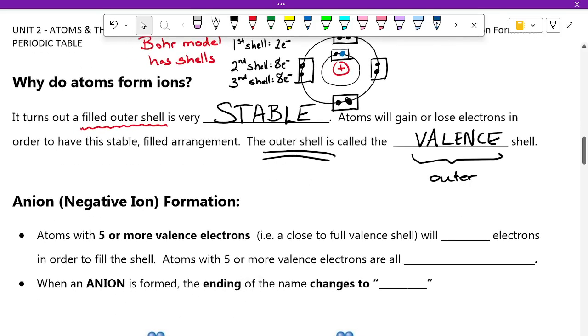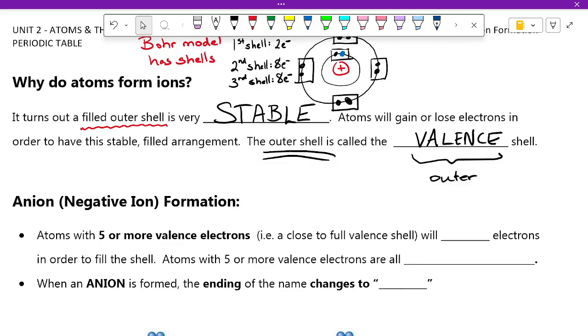Now, one of the things we are going to do is decide, is our outer shell closer to full or closer to empty? If it's closer to full, we're going to fill it up. If it's closer to empty, we're going to empty it out.